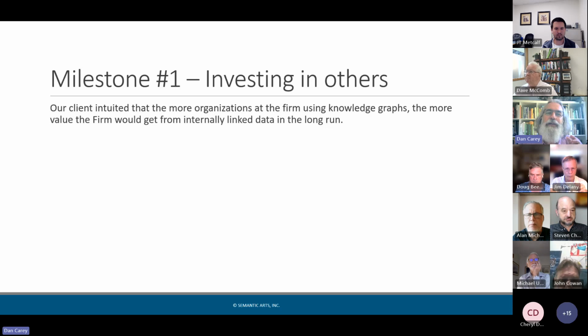One of the key things that our client decided to do was to pay for Semantic Arts to perform pilots for the other organizations that were interested in doing knowledge graphs, because he realized that this would create a sense of support for his own efforts, but also the more linked data you have available, the richer the results you're going to get, the richer the possibilities that open up.